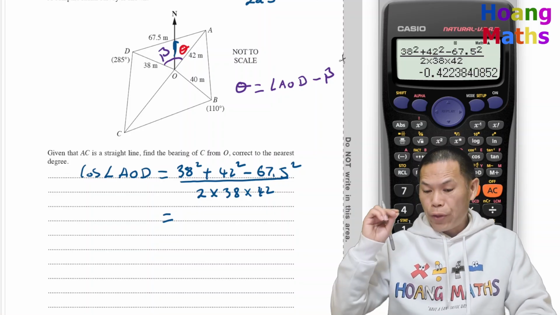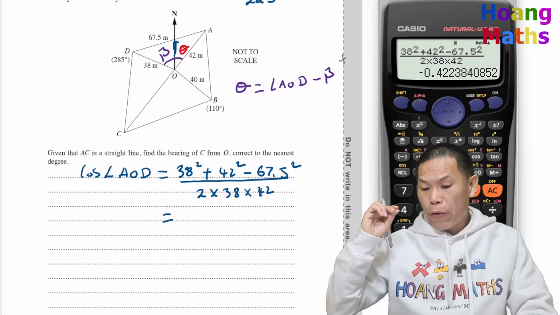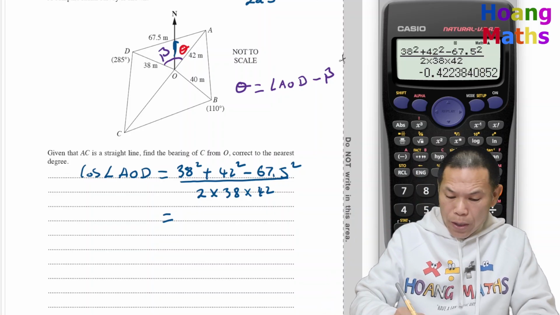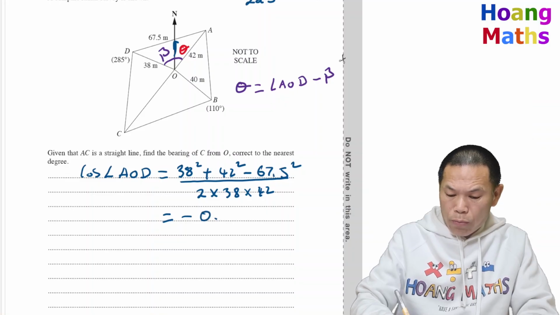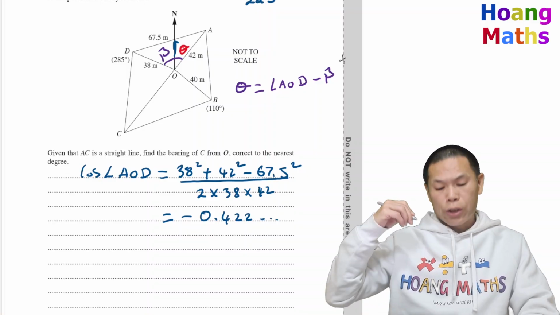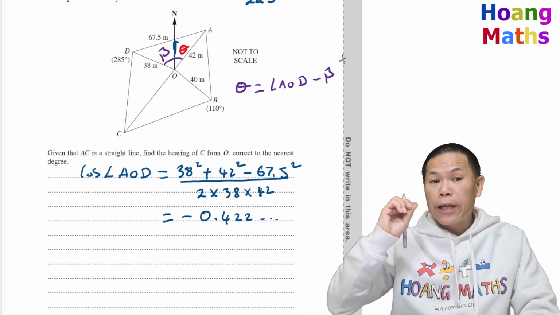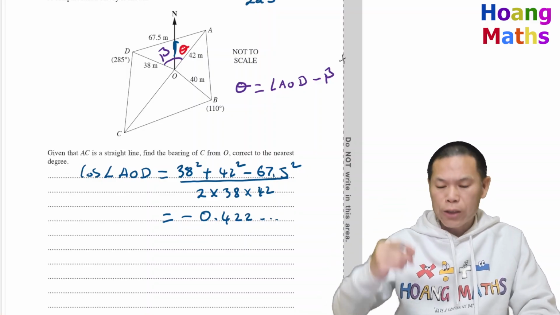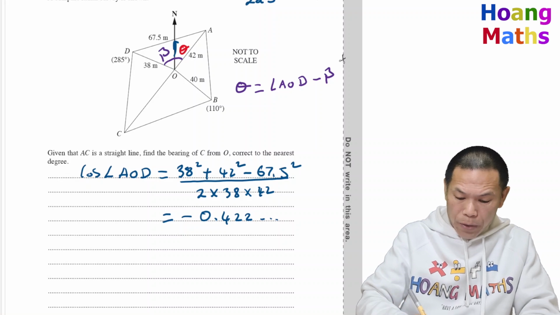So there you go, negative 0.422 for now, and so on. We just need to work out angle AOD, which is inverse cos of that.